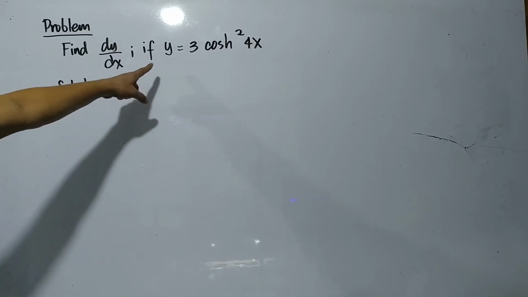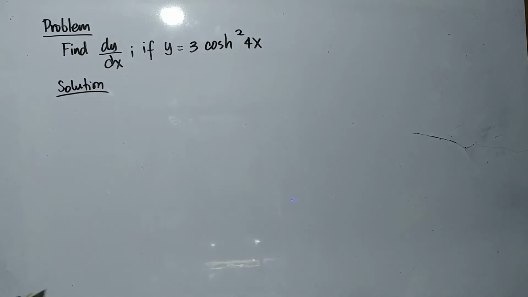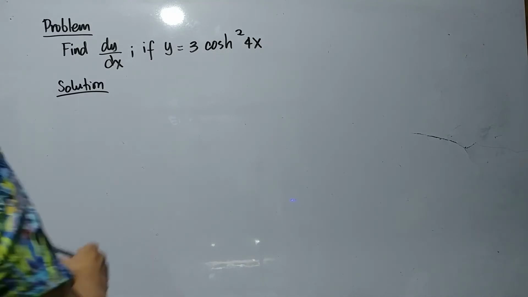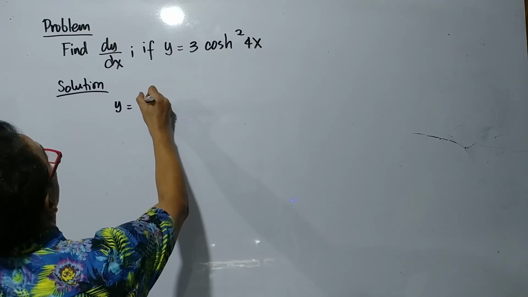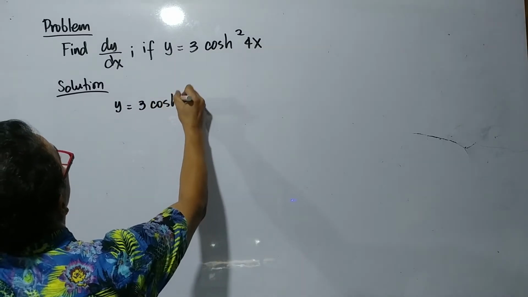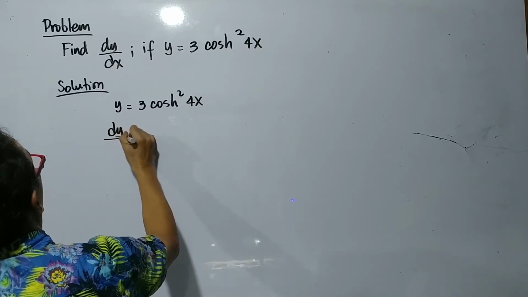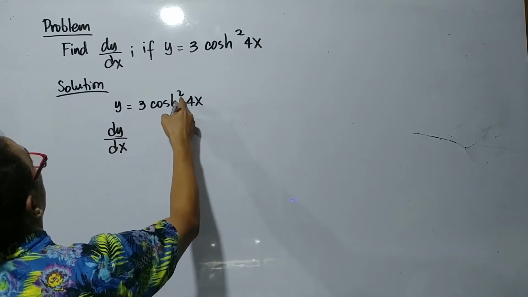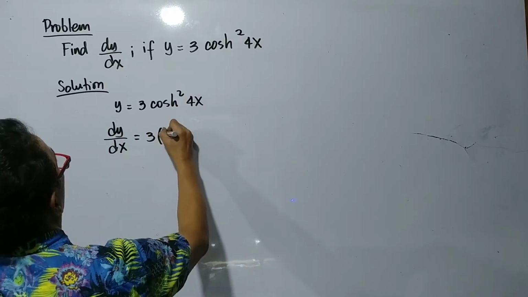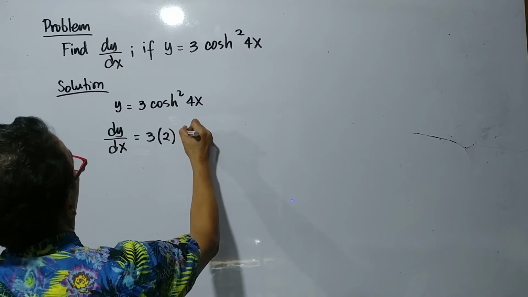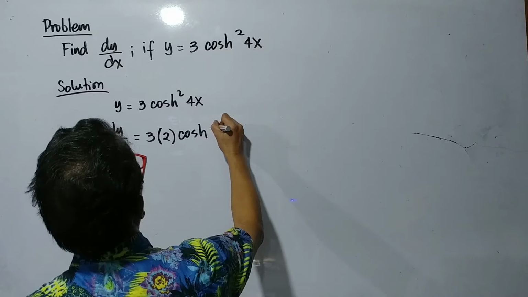Find dy/dx if y is equal to 3 hyperbolic cosine squared 4x. So again, we have y equals 3 hyperbolic cosine squared of 4x. Our dy/dx now, as you notice, this is a power. So you have 2 hyperbolic cosine 4x.